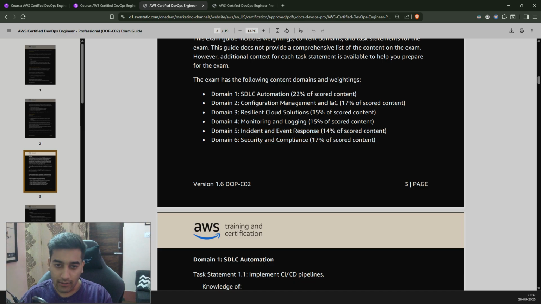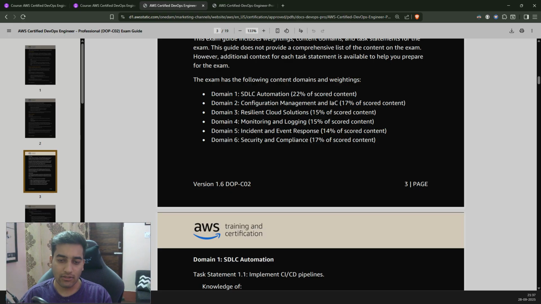For any AWS certification exam, the services covered in domains 4, 5, and 6 remain the same. For example, CloudWatch is involved with monitoring and logging. With incident and event response, you have EventBridge and AWS Config. For security and compliance, you have Inspector and GuardDuty.